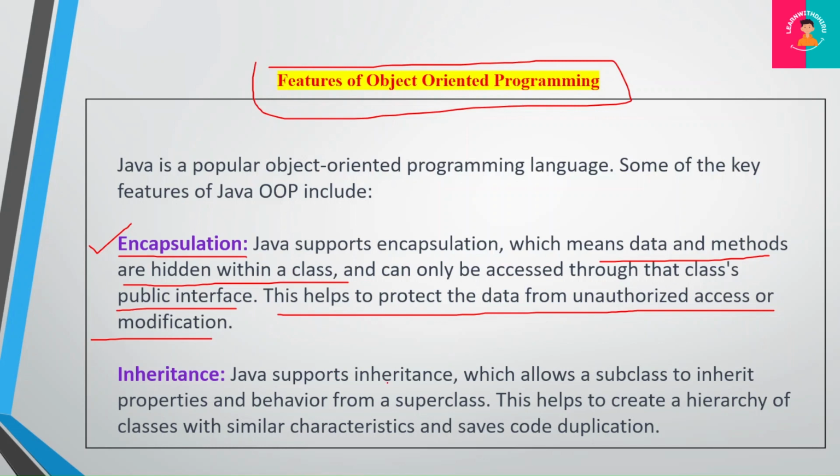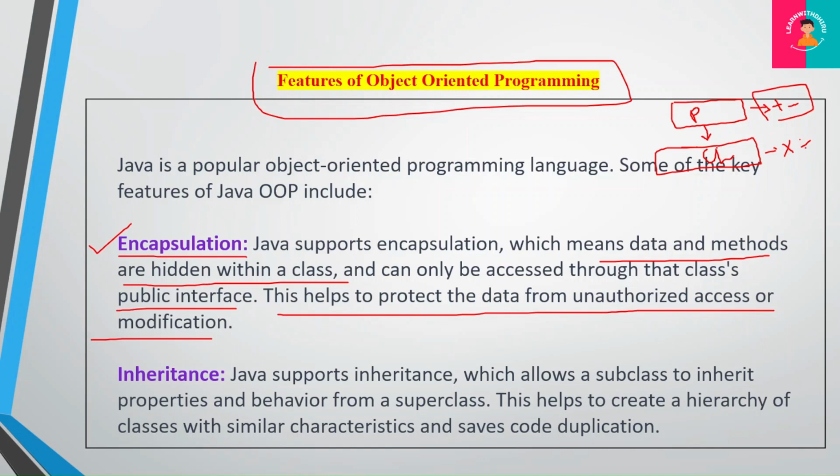Then inheritance. Java supports inheritance, which allows a subclass to inherit the properties and behavior of the superclass. This helps to create a hierarchy of classes with similar characteristics and saves code duplication. Consider this is my parent class, and this is one child class. In the parent class, we can add and subtract two or three numbers, and in the child class, we can do multiplication and division.